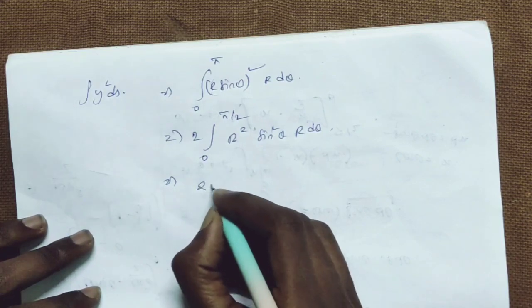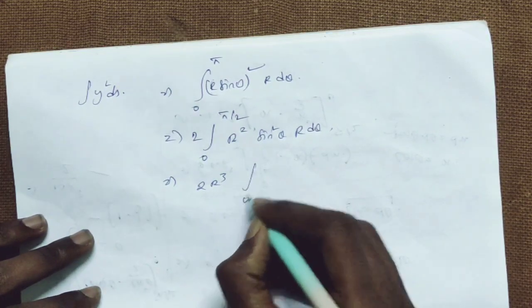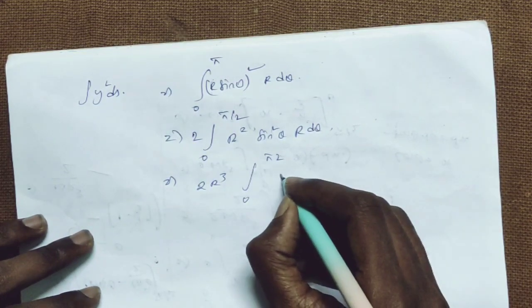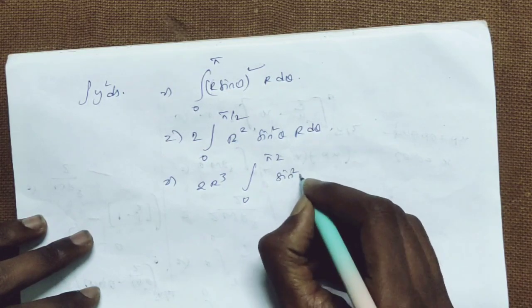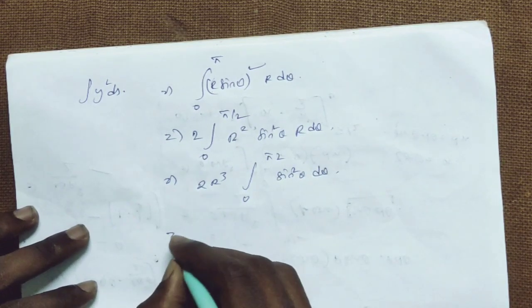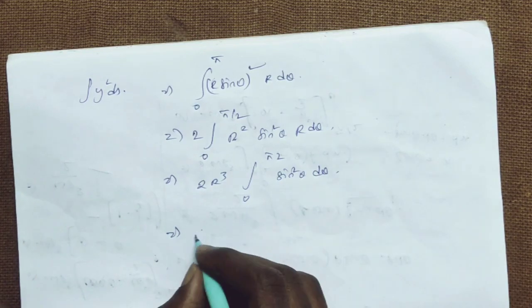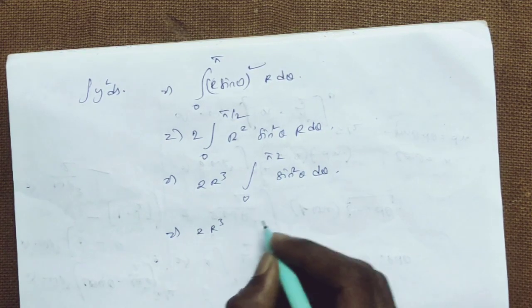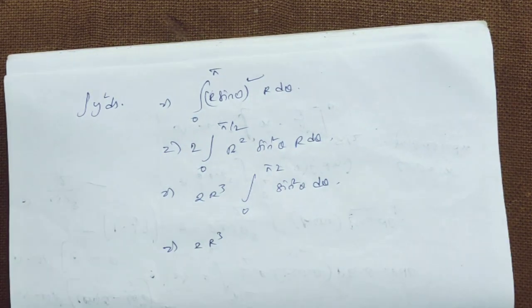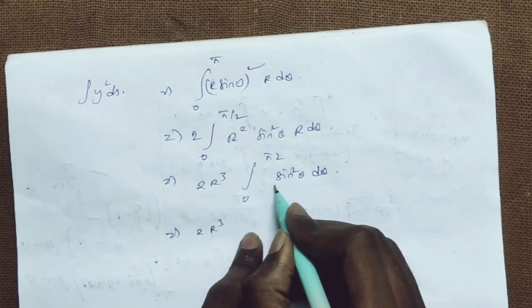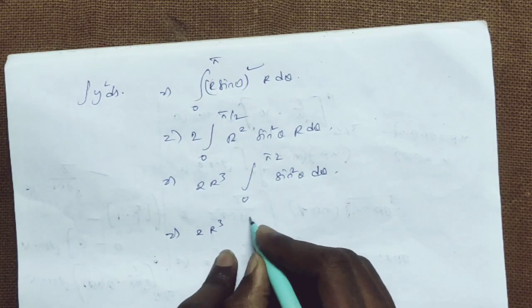So we'll have 2 r cube, 0 to pi by 2, sin square theta. We have a formula for the integration of sin square theta.